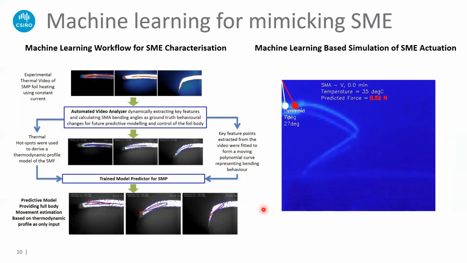It can extract the key feature points of the video and also some thermal hotspots, and it can be used to derive this model. The model can be trained and predict the shape memory performance in terms of the shape, and also the angle change, and also the force generation.